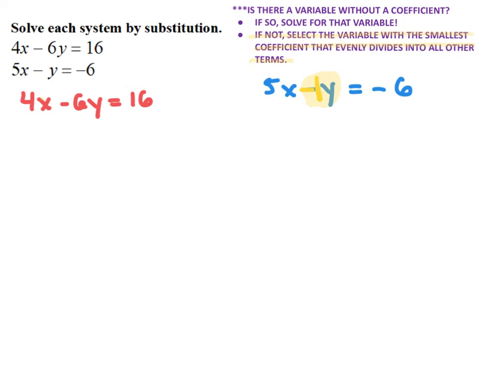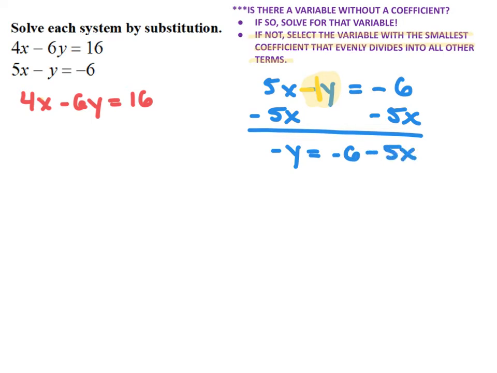So in order to get that variable by itself, I would first have to subtract 5x from both sides. And again, those aren't like terms, so it'll become negative y equals negative 6 minus 5x.